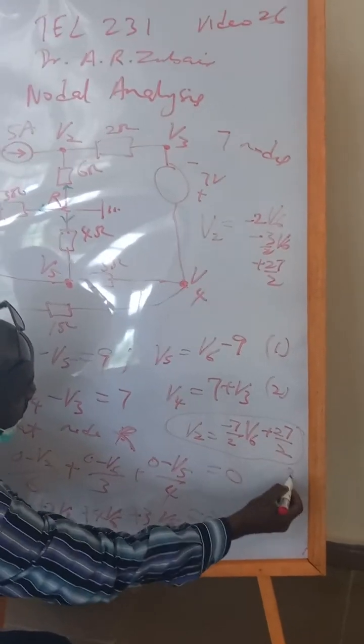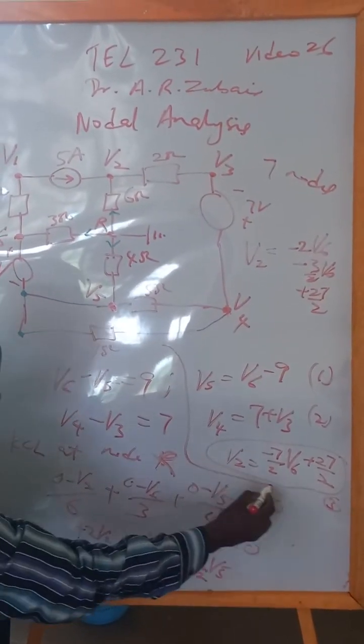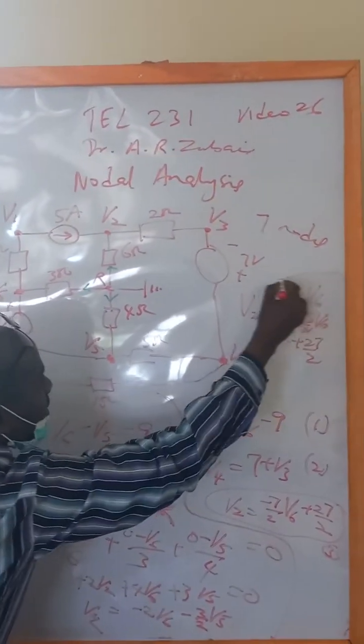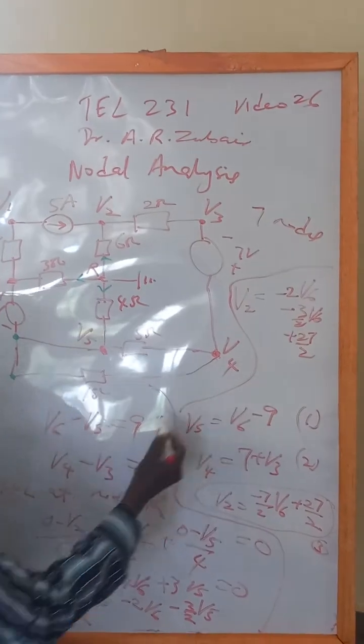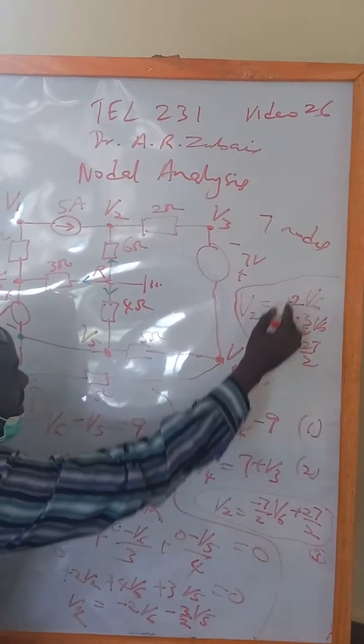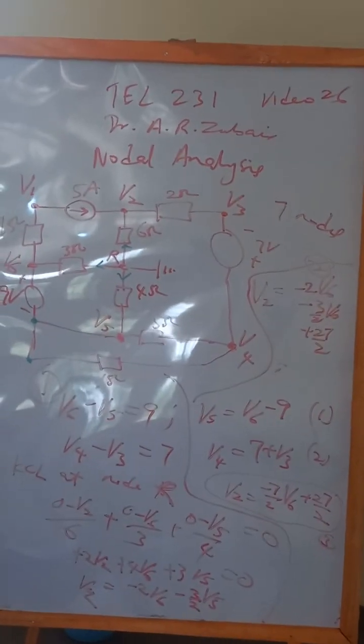Let's keep this. This is my equation 3. Let me divide my page. This is my page 1, and this is my page 2. So I have 3 equations now.